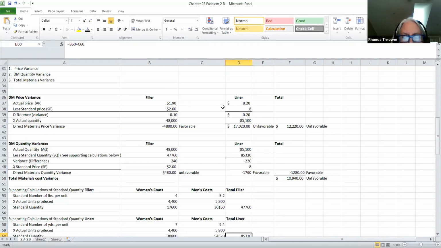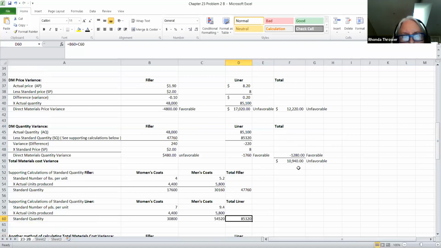So we'd want to go back to the purchasing department to see why these differences happened. And if there's something that we could correct as management, we would do that in the future. So these variance analyses are to help you to analyze what went on in your company and to give you a way to direct your employees in the future so that you will have better operations.